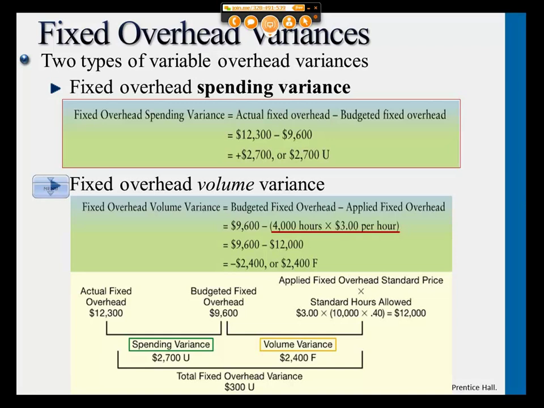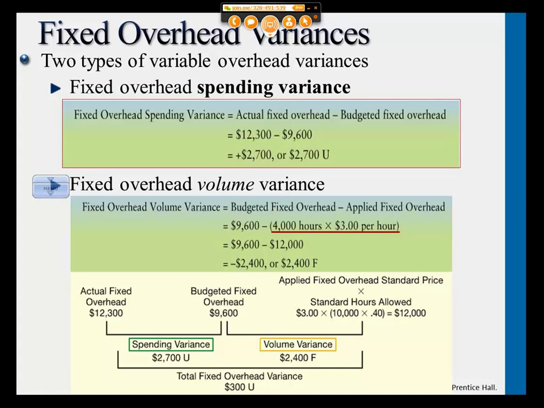Okay, so let's look at this little illustration below that I have for you. Spending variance and volume variance are what we're learning to calculate. So spending variance is the difference of the actual overhead. Do you see how it got a little simpler to the left, right? We're not multiplying two things, we're just subtracting one from another, right?